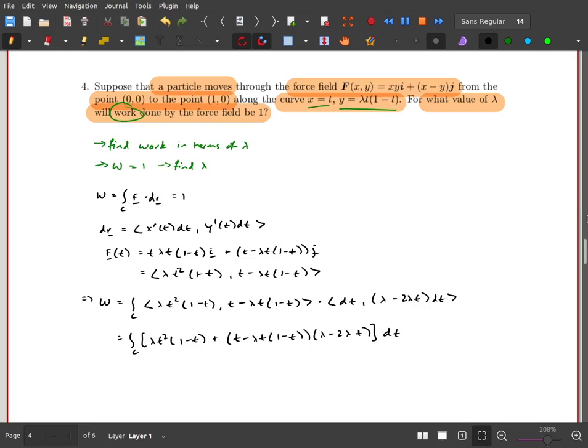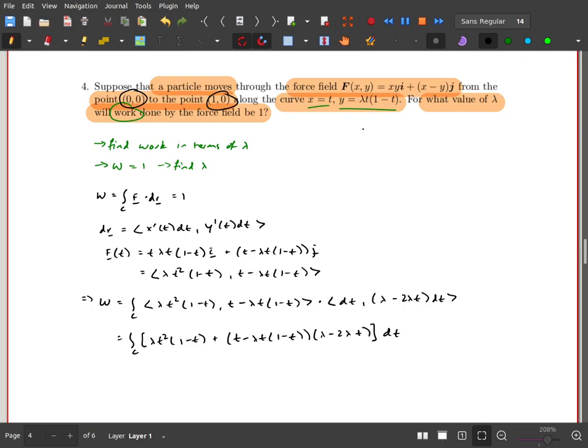But we haven't determined what the limits of integration are. So what's the limit of integration? We know that the particle is going to move from point (0, 0) to point (1, 0). So let's take a look at our parametric equations.